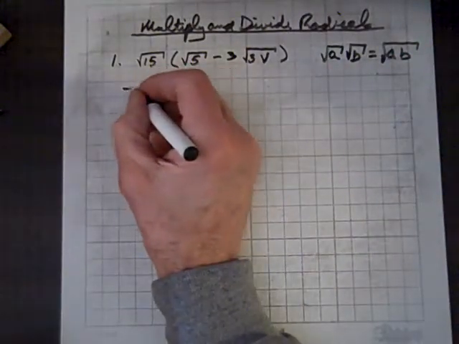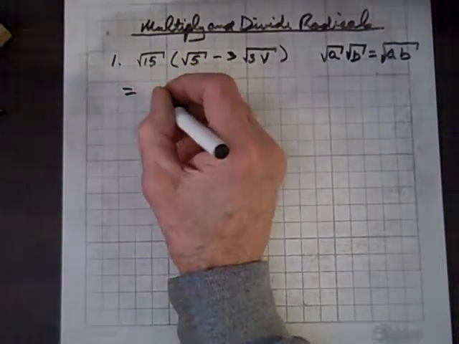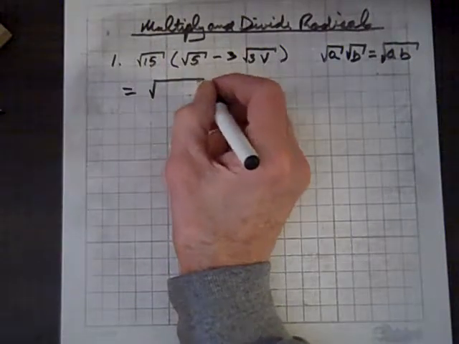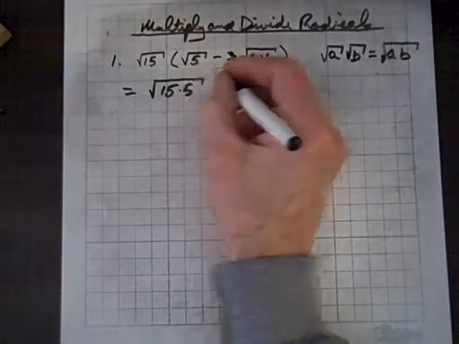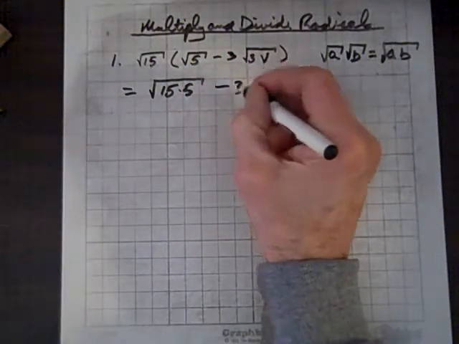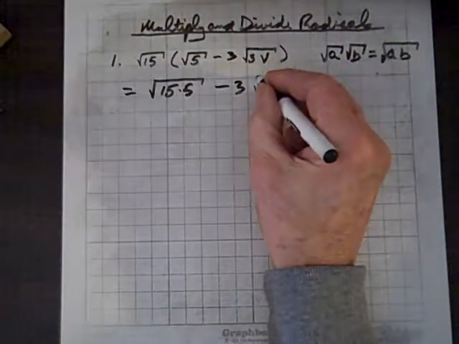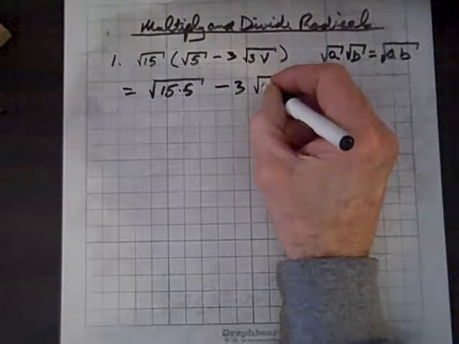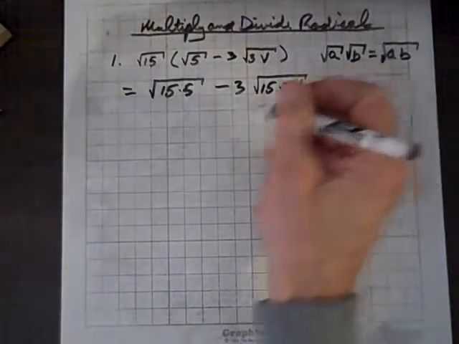So now, this equals root 15 times root 5, which is going to be the square root of 15 times 5, and this minus sign, and that 3. And now we have the square root of 15 times the square root of 3v, which will be 15 times 3v.